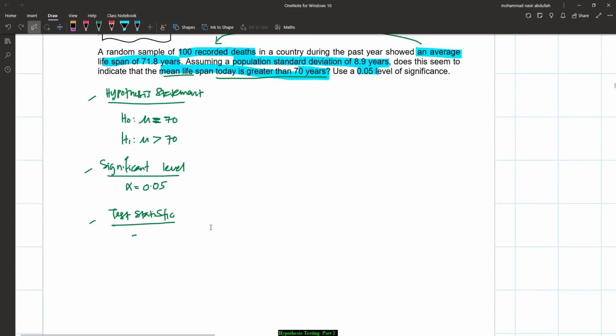So Z distribution, x bar minus mu divided by sigma over square root of n. So x bar is equal to 71.8 minus mu is equal to 70 divided by 8.9 over square root of 100. So ambil calculator. Where is my calculator?